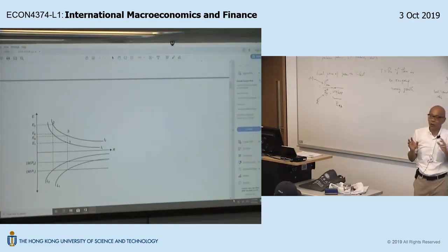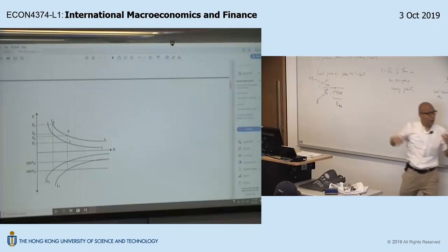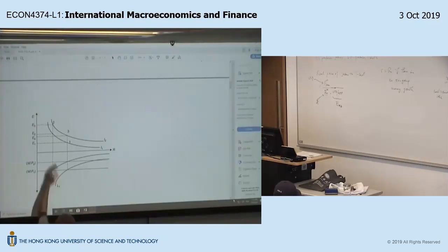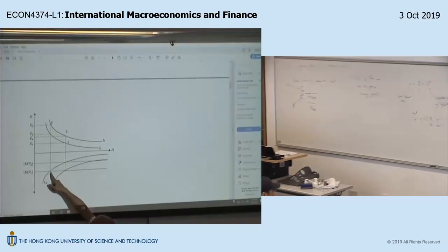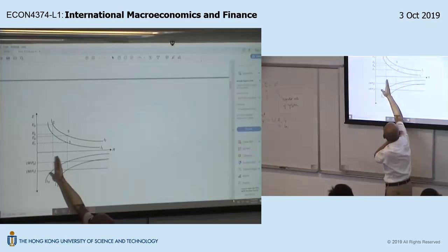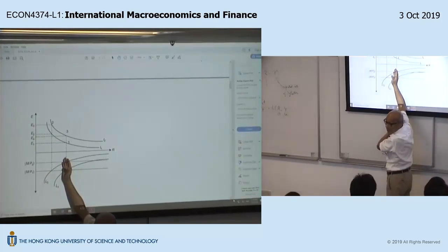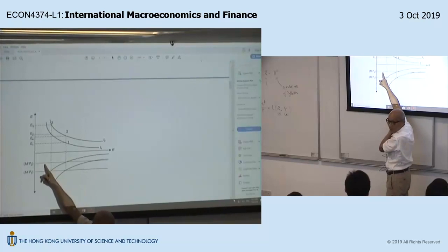But you also know that this is going to go back to the original level in the long run. Just imagine if this shifts in, then the interest rate will fall. Then in the long run, you expect it to go back to the original level, because of long run neutrality of money. Therefore, the only way to make this go back to the original level is for price to increase.